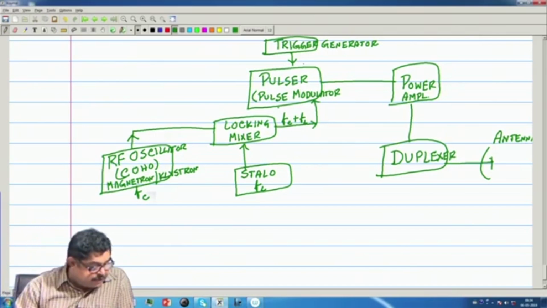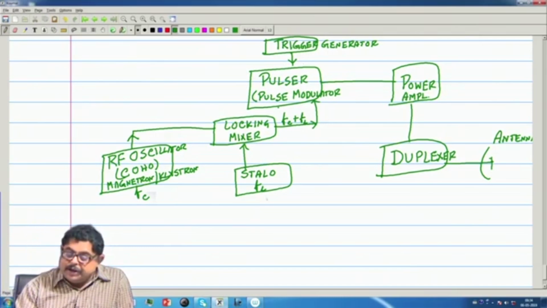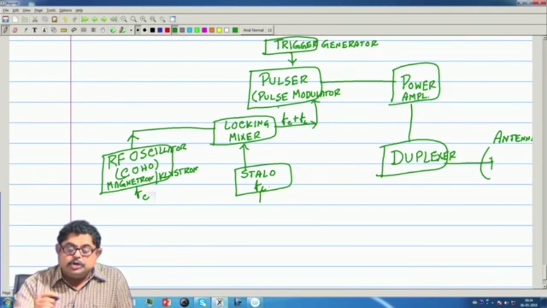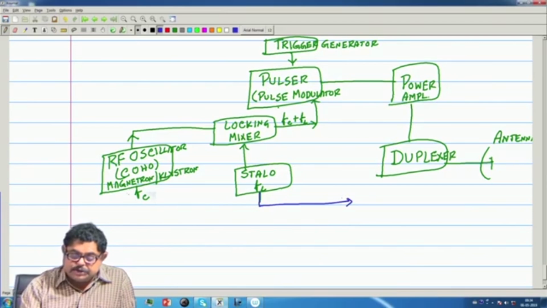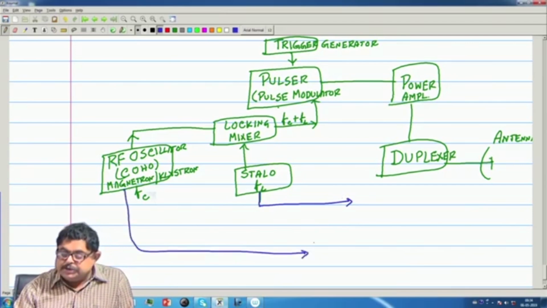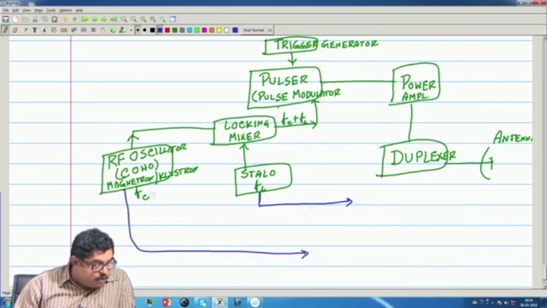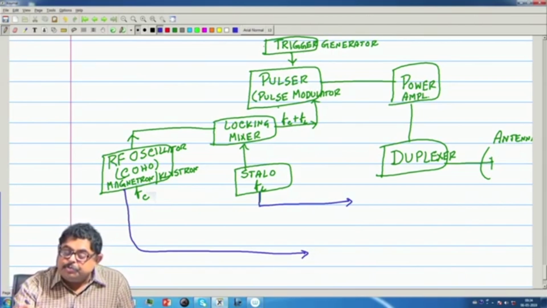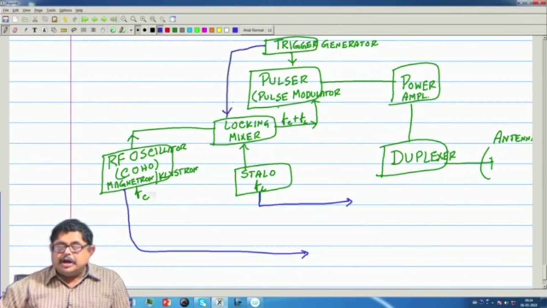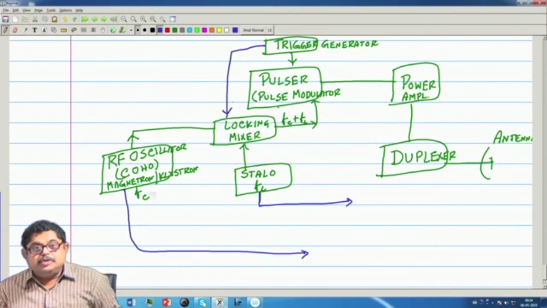So, I have a reference, actually that reference is put here. I will use blue color for these references. There are two references that will go here, and also you will see that this trigger generator, whatever it is giving to the pulsar, the trigger is also given to the locking mixer.